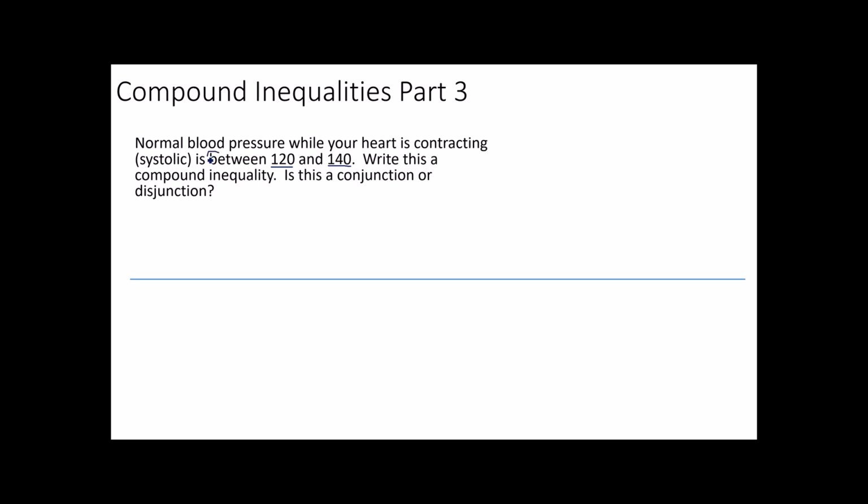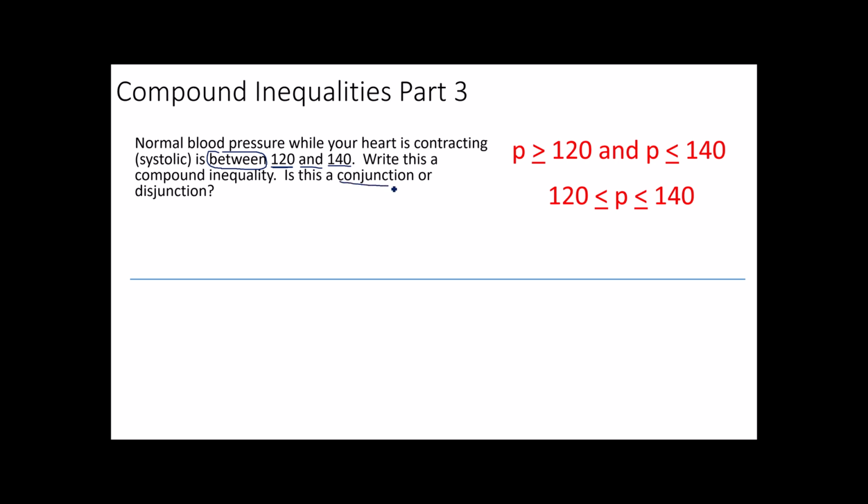Since we're using that between language, we know two things have to be true. We have to be higher than 120, and we have to be lower than 140. So our blood pressure must be greater than or equal to 120, and also our blood pressure must be less than or equal to 140. Or you could use your between language for that.